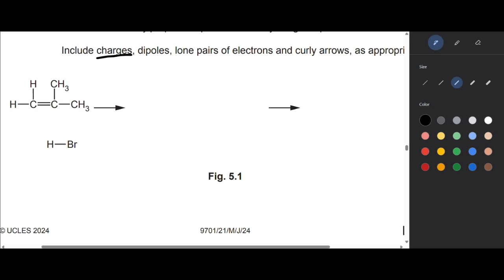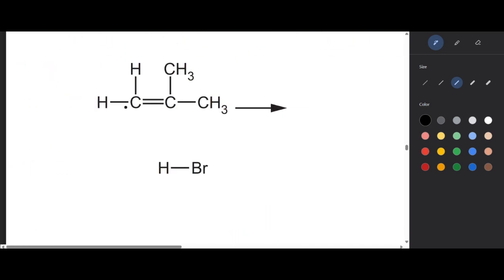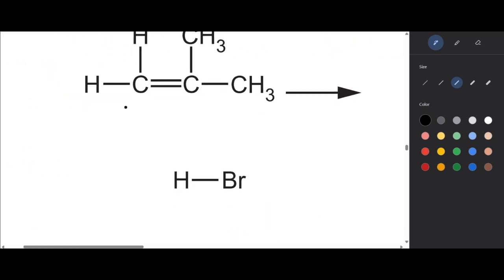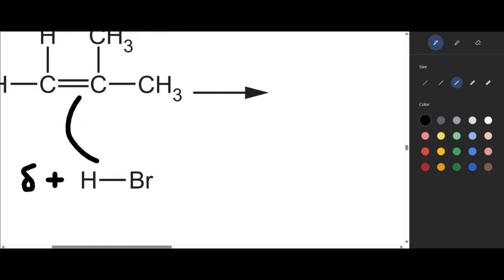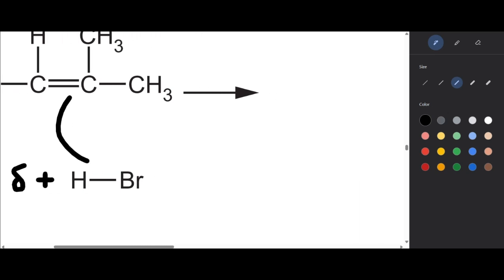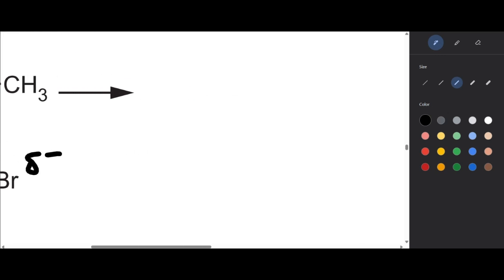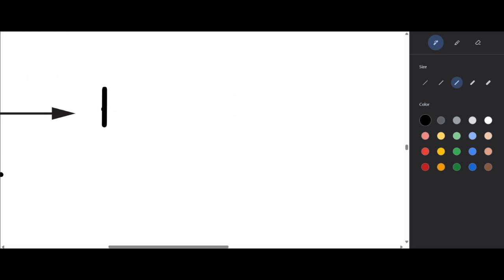Okay, so we have to add those details in here. So the C=C double bond is broken down with this. This is adding with this H plus, and H is bonded with Br minus.